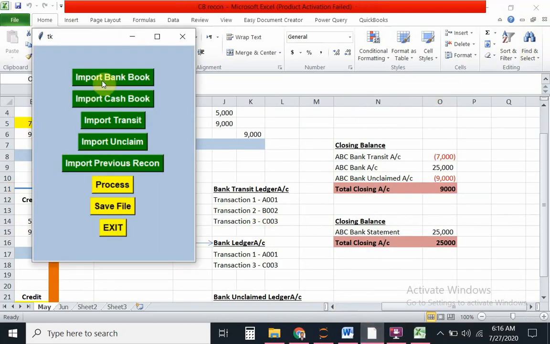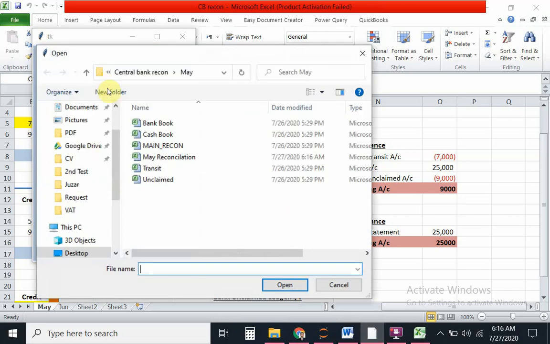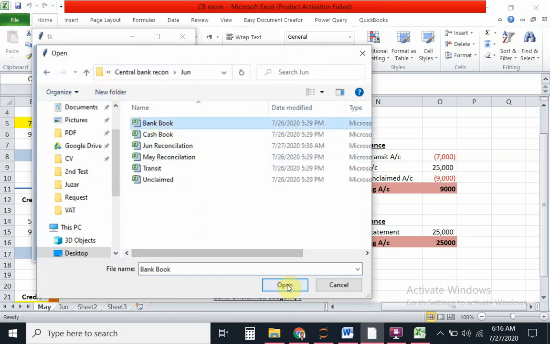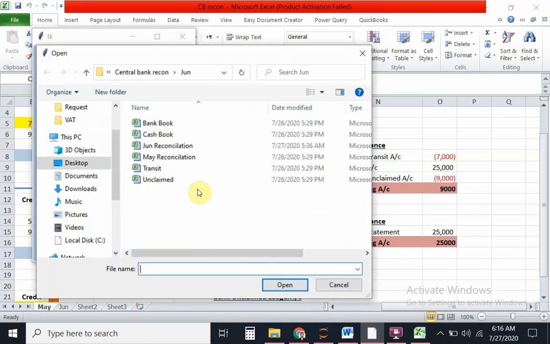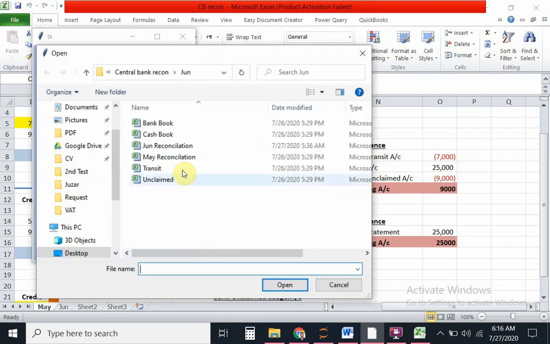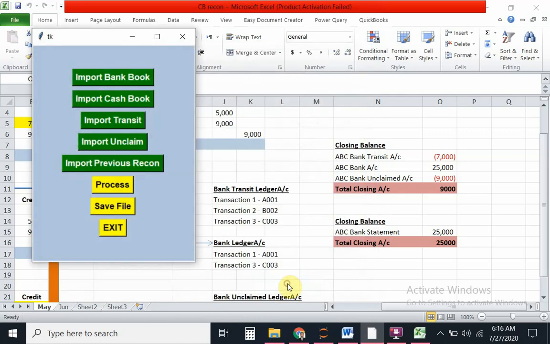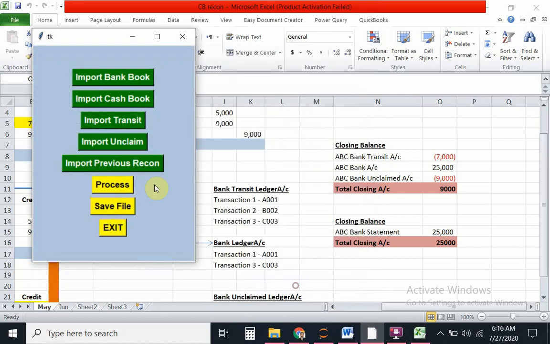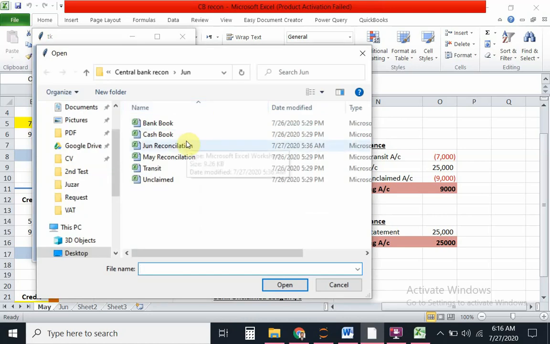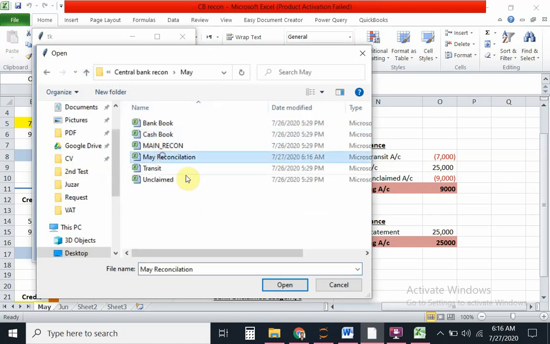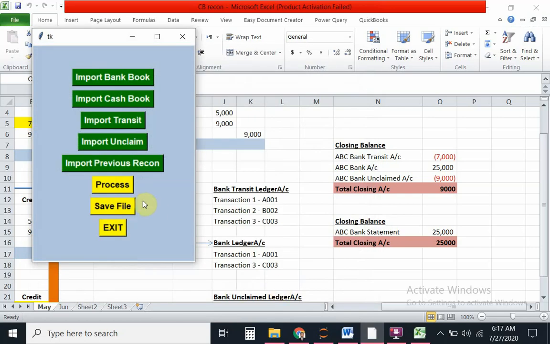This is the utility. Again we are taking it in the bank. We'll take it for June. June is here: the cash book, my transit account, my unclaimed fund. For my previous reconciliation, I'll go to May and take my May reconciliation.